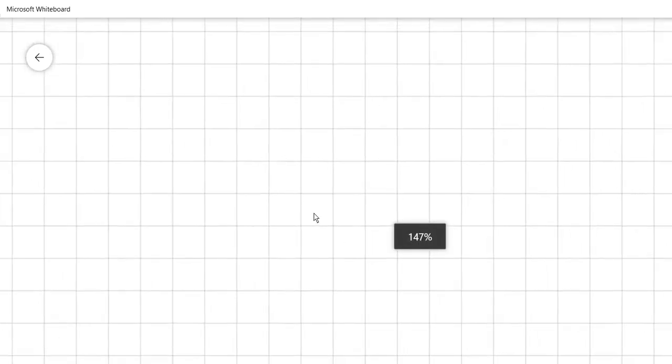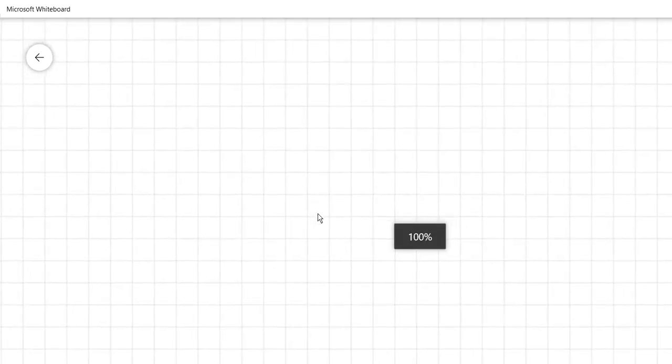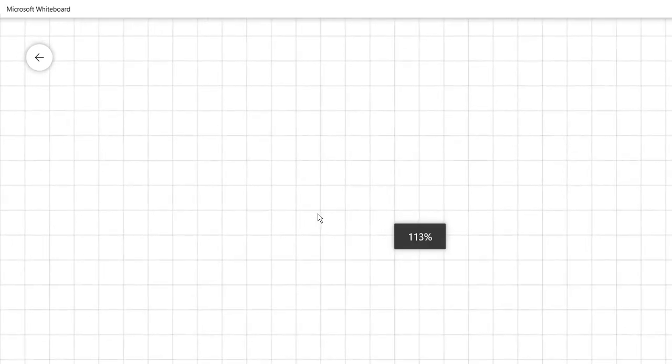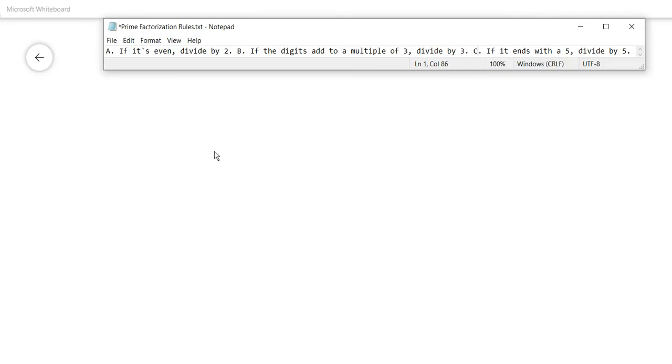And let's go ahead and see probably one of the most useful applications of prime factorization. Okay, let me bring up those rules again. There we go. Rules of prime factorization right there.